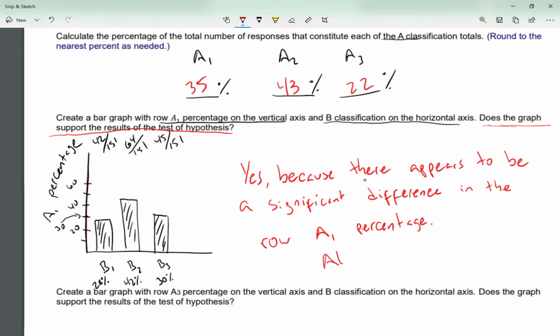Now, on each of your homeworks, I'm just going to ask you for a bar graph, and I'm going to ask you to tell me whether the graph supports the result of the test of hypotheses.